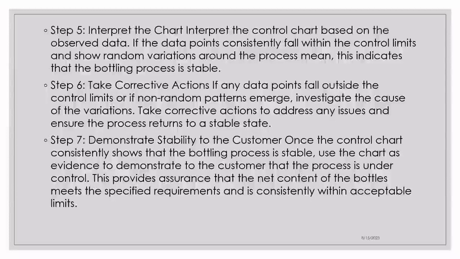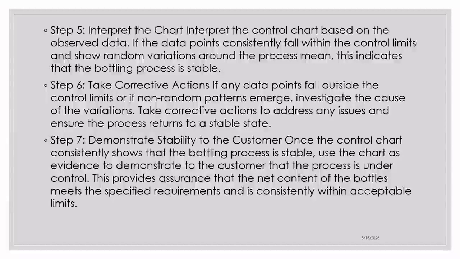The final step is to demonstrate stability to the customer. Once the control chart consistently shows that the bottling process is stable, use the chart as evidence to demonstrate to the customer that the process is under control. Then you can show a diagram and say that our process is very much stable. It is within the limits.